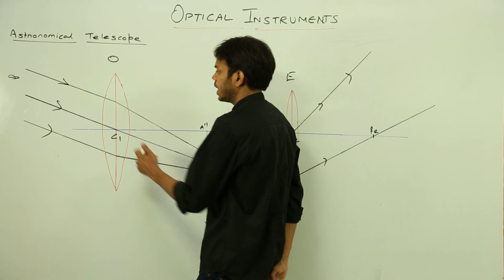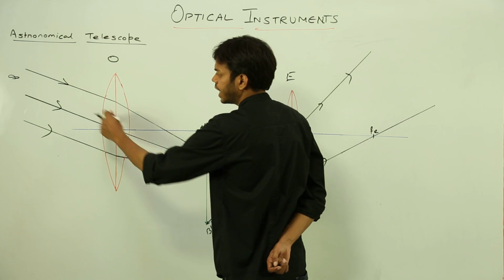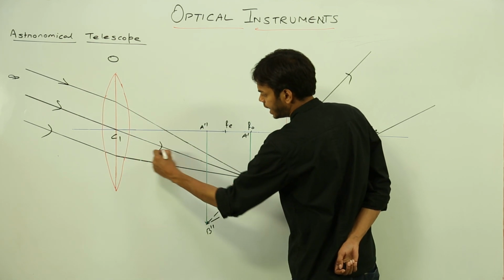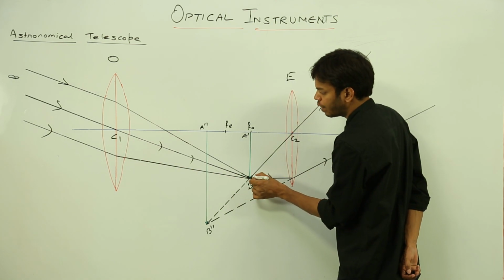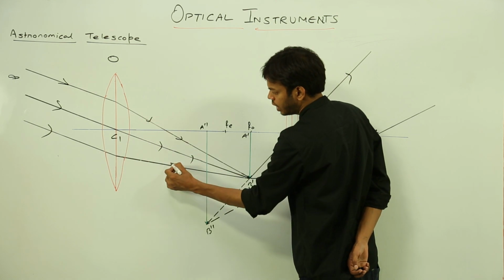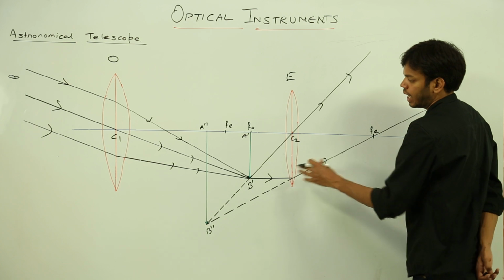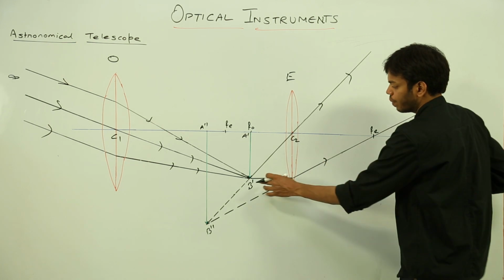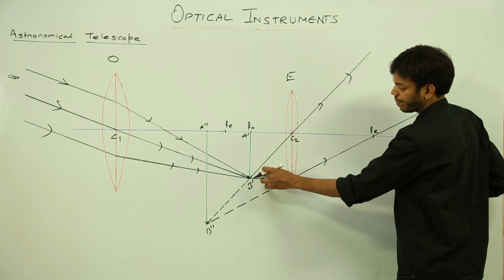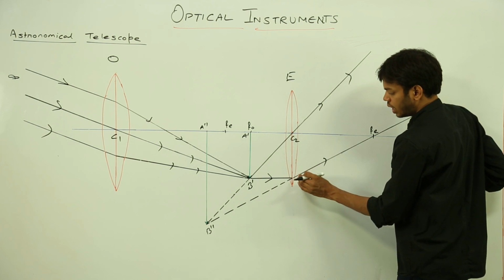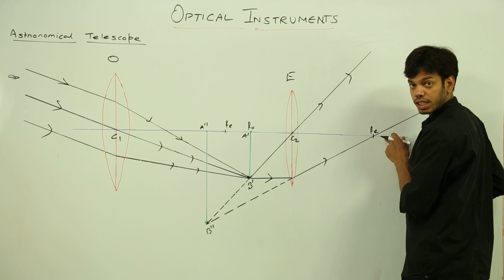This is how you draw the ray diagram. First of all, you extended the central ray up to this point, then you joined this point and this point with wherever you want your image to be. Then you made the line parallel to the principal axis and stop it right here, don't pass it through the focal point.